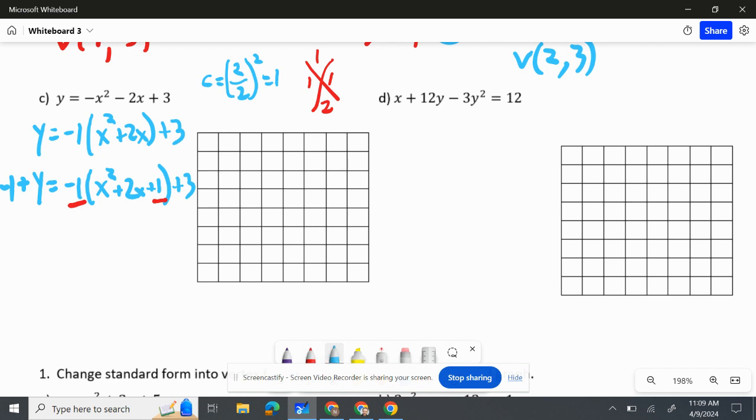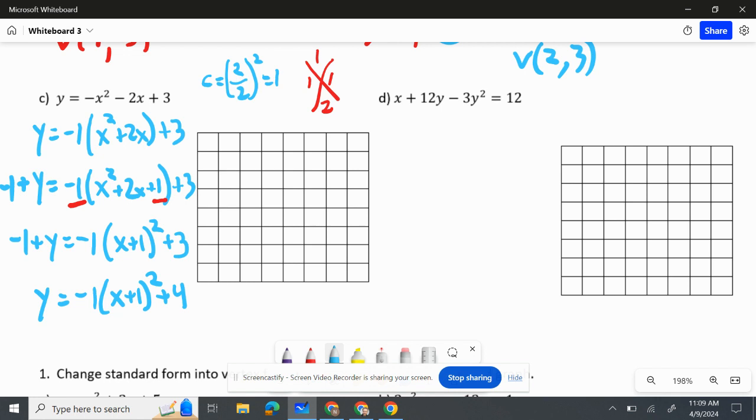So what we have is negative 1 plus y equals negative 1, x plus 1 squared plus 3. I'm going to add the 1, so I have y equals negative 1, x plus 1 squared, and then plus 4.